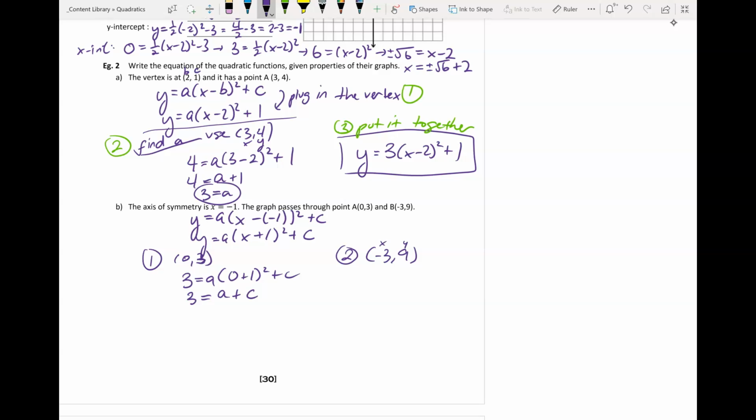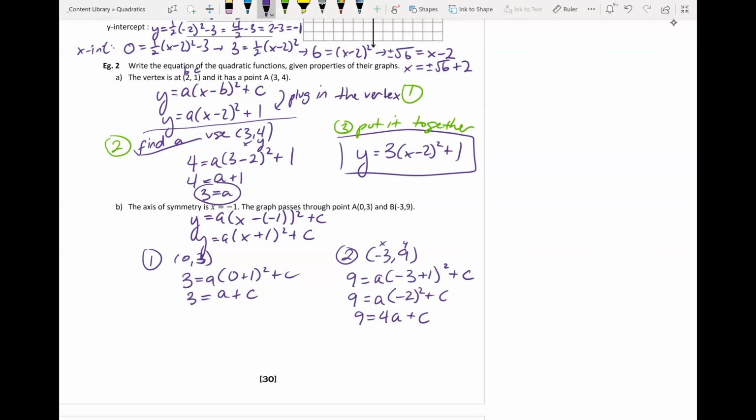So our y value is 9. Leave the a alone. Then we have -3 plus 1 squared plus c. And then we want to simplify that. So -3 plus 1 is -2. Then we want to square that -2, so that's 4. And that's what we have here.